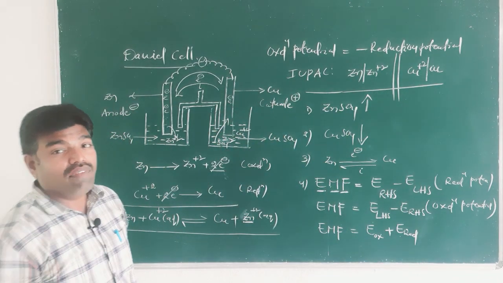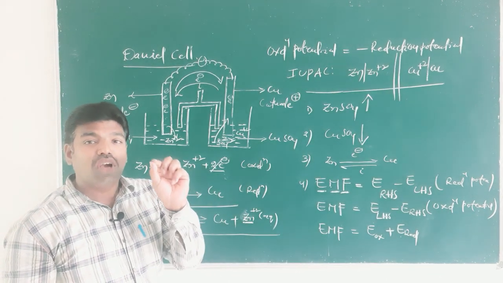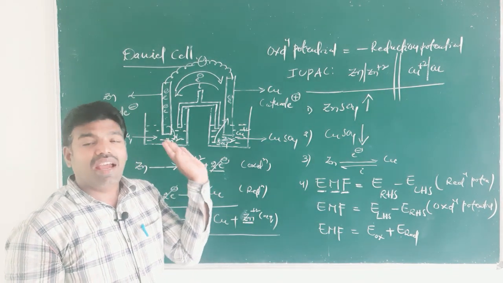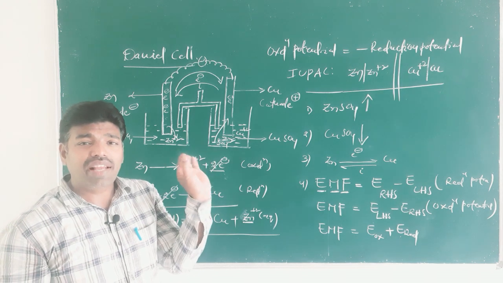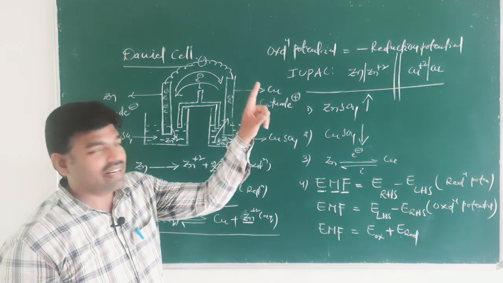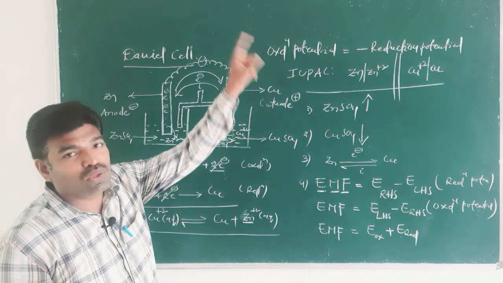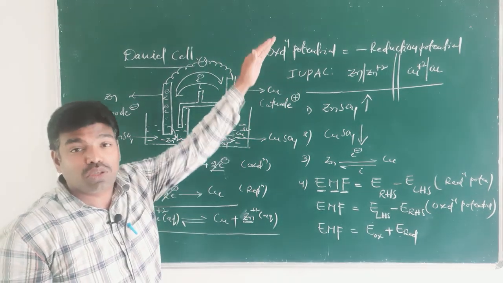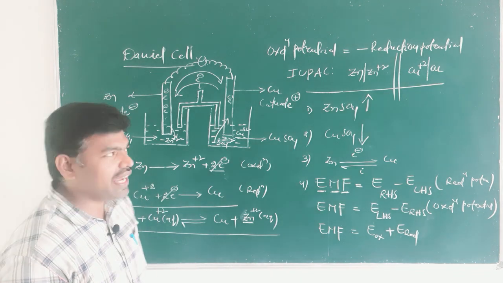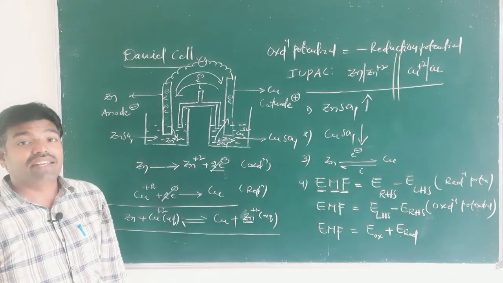Always write the electrode where the oxidation takes place at left hand, and the electrode where the reduction takes place at right hand side, and the two electrodes are joined by the two parallel lines, that is the salt bridge. Okay, so this is about Daniell cell.